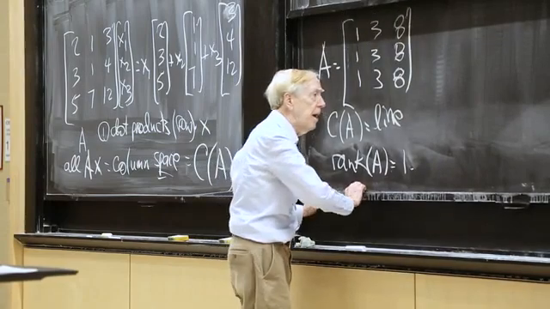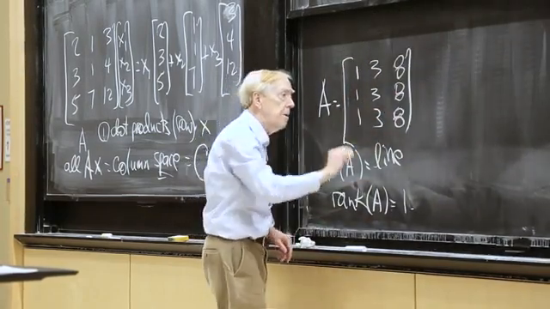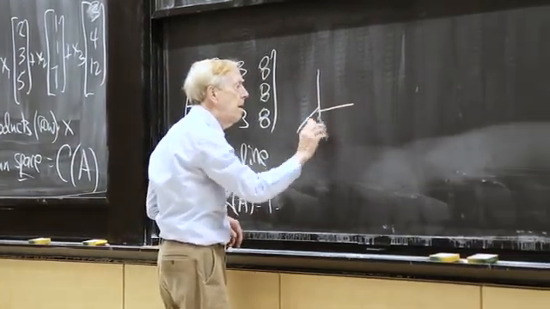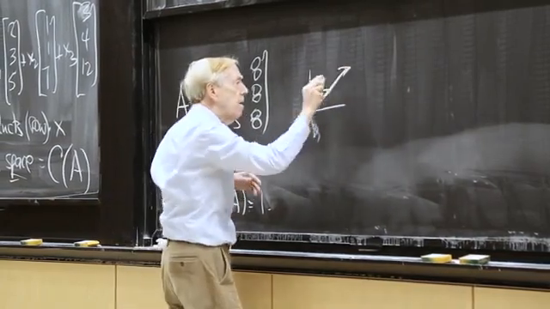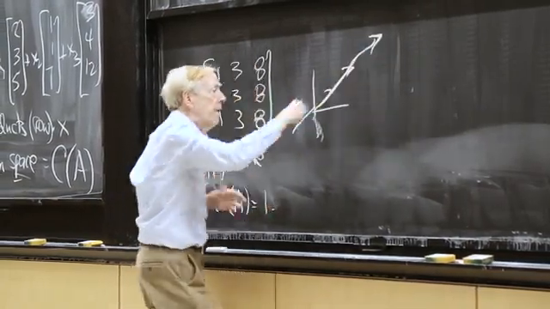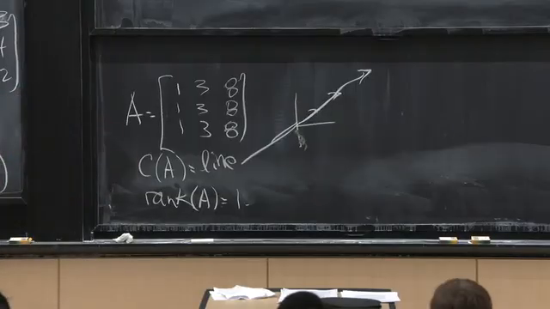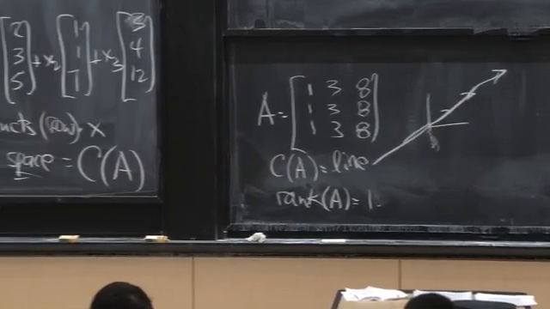Everybody sees that you get a line, because any combination x1 of that plus x2 of that plus x3 of that is going to go along that line. Here's the first column, here's the second column, they're all on a line, so I'll never get off that line. If I allow all x's, I'll get the whole line. Now here you said not a line, right?